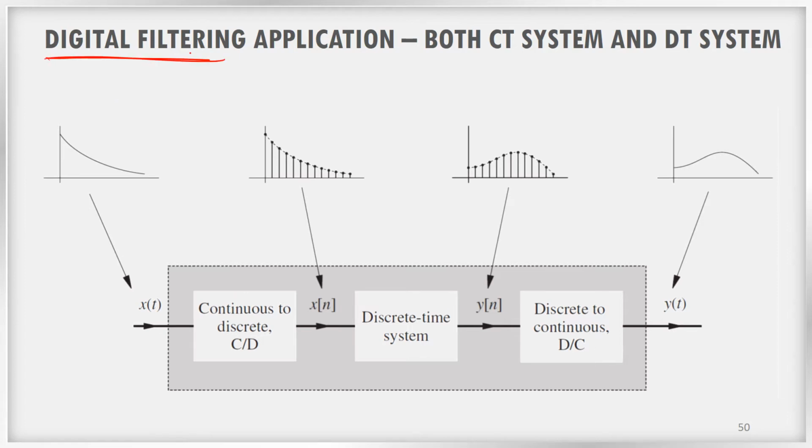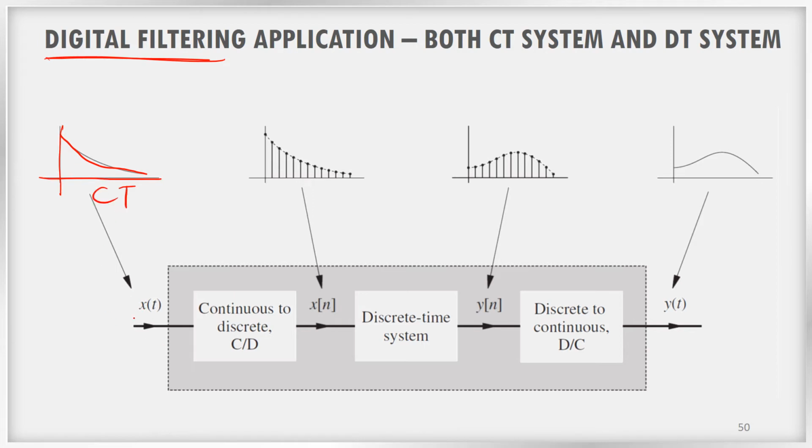An application which contains both CT and DT systems is digital filtering. We know that digital filtering is used to filter out a particular signal of interest, otherwise to remove the noise from the signal. So in this particular application we need both CT systems and DT systems. In real time we know that all the signals are analog signals, so all these signals are CT signals.